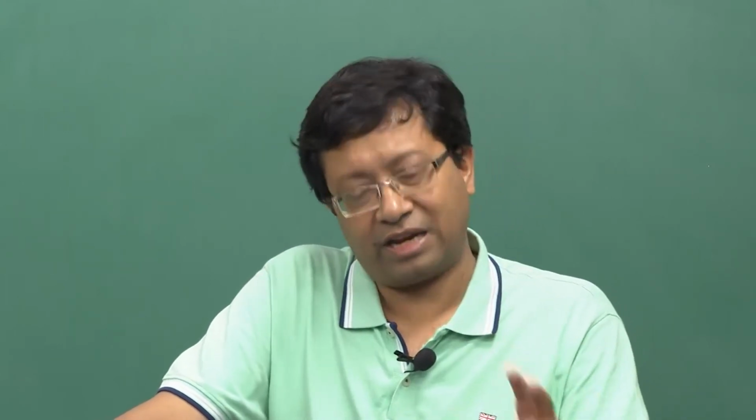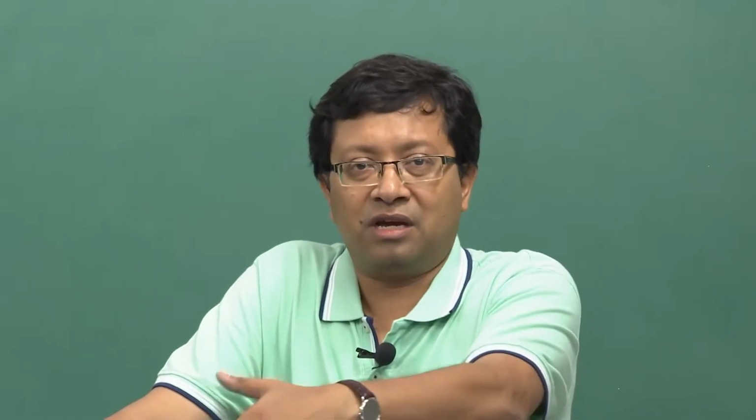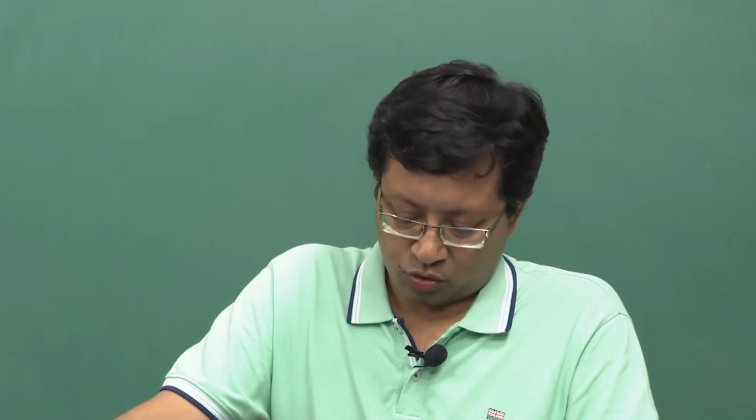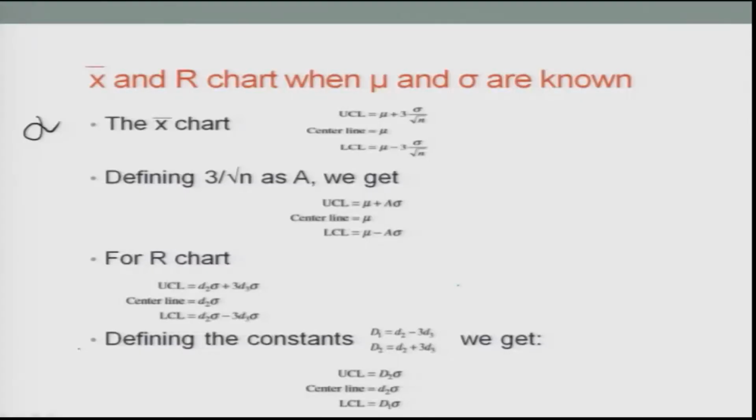This 3 again has the same concept which I had discussed just a few minutes back when we were discussing the X bar charts. So, defining the constants capital D1 and D2 accordingly, which are technically used for the tables, you can find out the upper control limit, the lower control limit and the central line for the R charts.